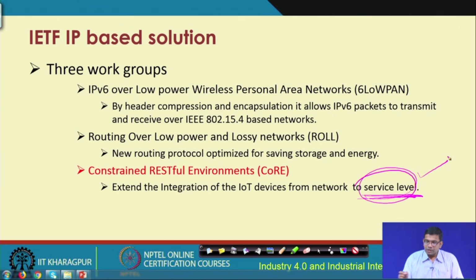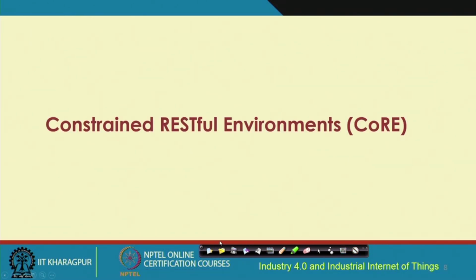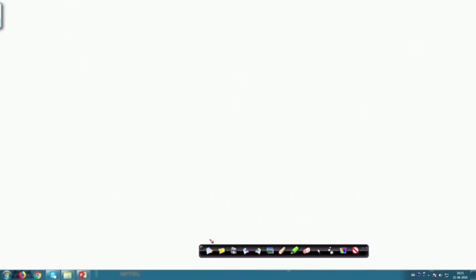So, this service consideration in CoRE is very crucial and is an attraction in the IoT community. So, before we get into the further details of CoRE, I would like to talk about a very fundamental concept, so that we ensure that we really understand what we are talking about.